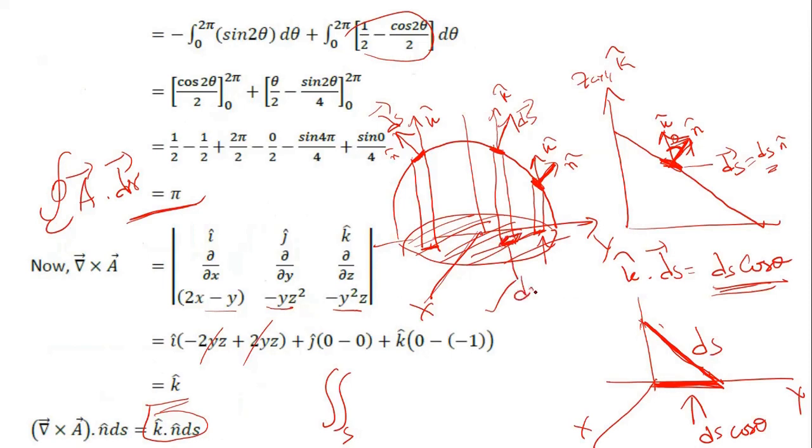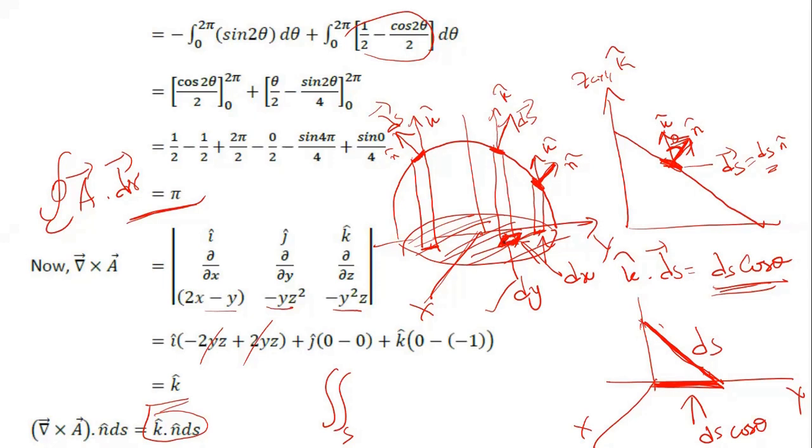This will be simply dy into dx. Your infinitesimally small area element on the xy plane will be dy into dx: a small increment along y multiplied by a small increment along x. If you multiply them, this will give you what is known as your area element on the xy plane.